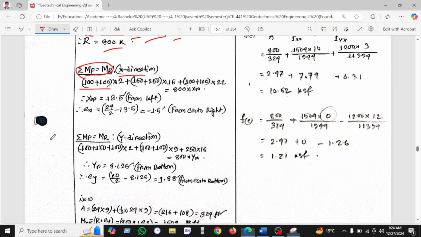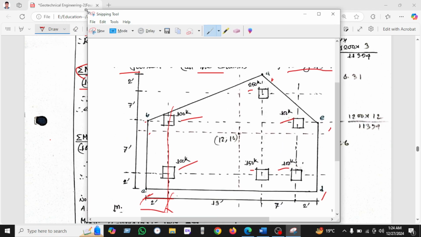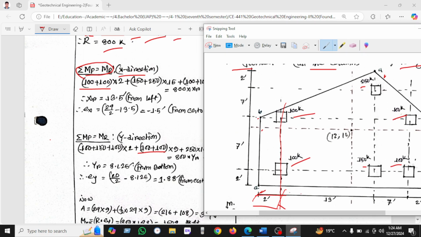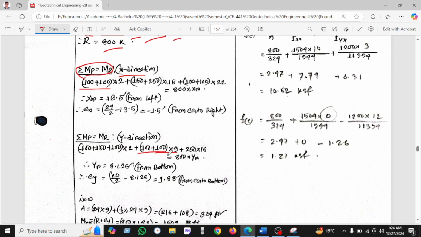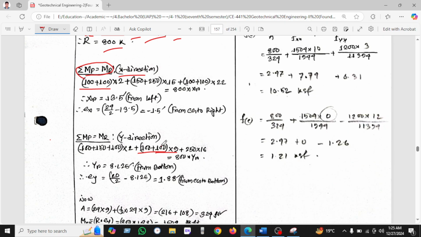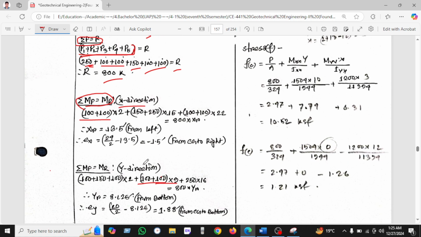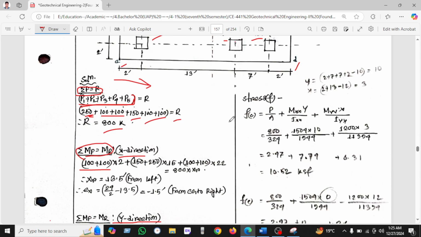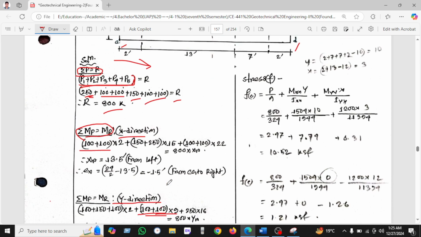We can see another 100 into 100 into 9. The second one is 100 into 100 in the y direction, and 100 into 100. So 100 into 100 into the y direction, 100 into 100 into 9.